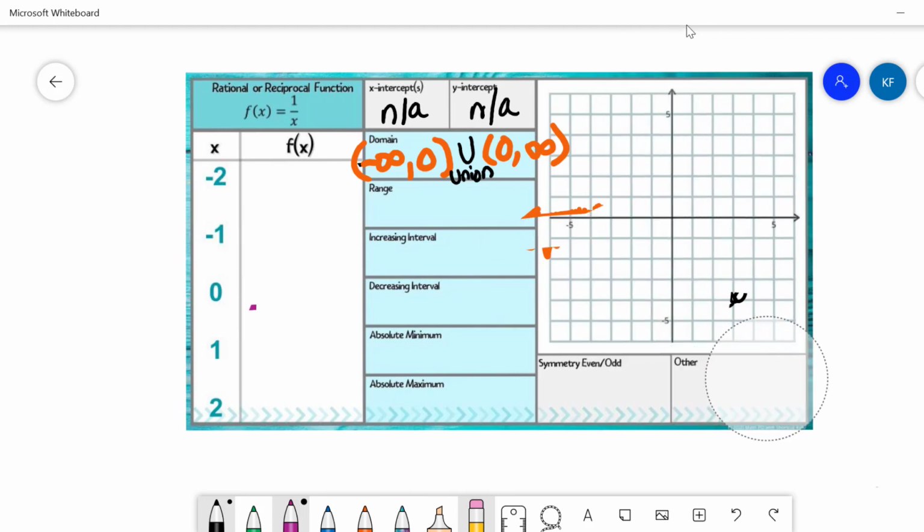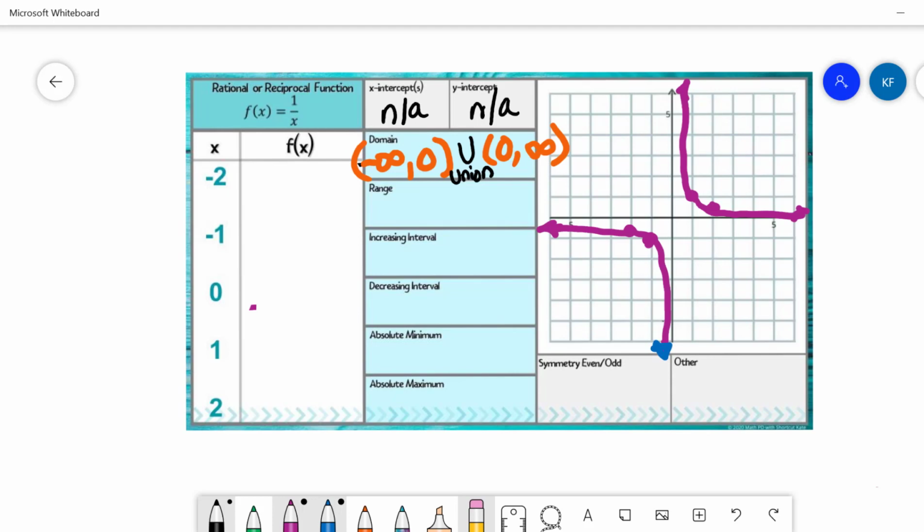Alrighty, so the next thing we're doing is the range. That's right. It is the range. So here's an arrow right here.